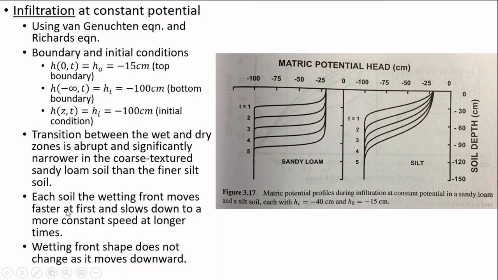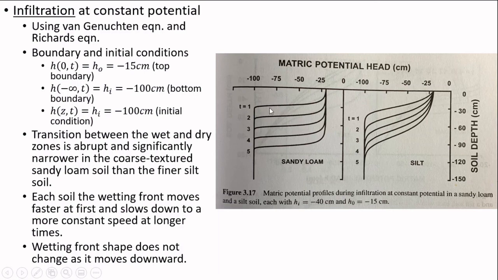In each soil, the wetting front moves faster at first and slows down to a more constant speed at longer time. You can see that initially for T is 1 day, it enters quite a lot. For silt as well, it enters quite a lot.